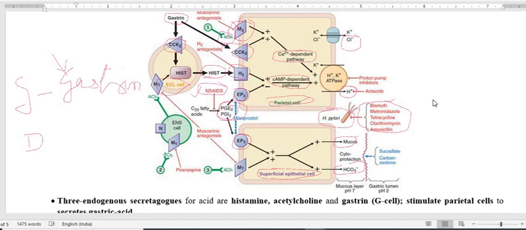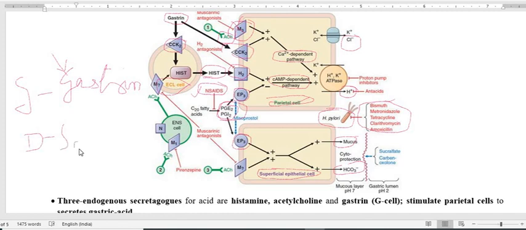So we are going to use these drugs for the therapy of gastric acidity, peptic ulcer, GERD, Zollinger-Ellison disease. Now here is one more interesting hormone, we call it somatostatin.